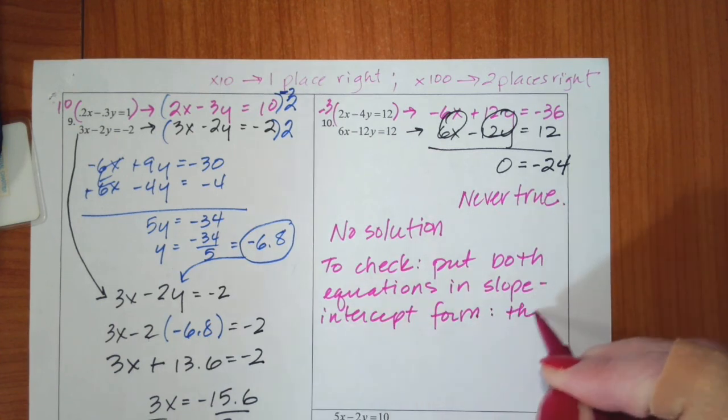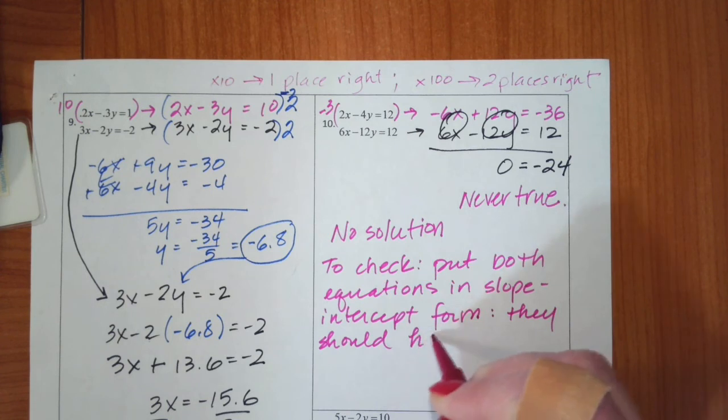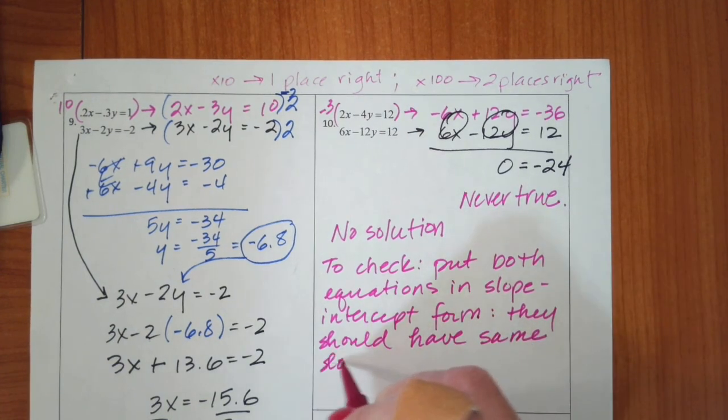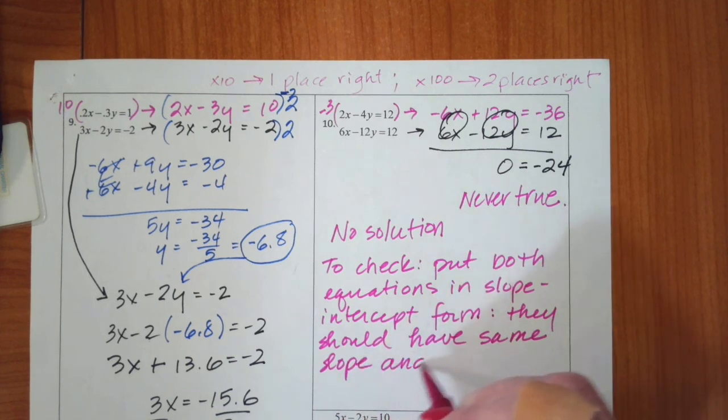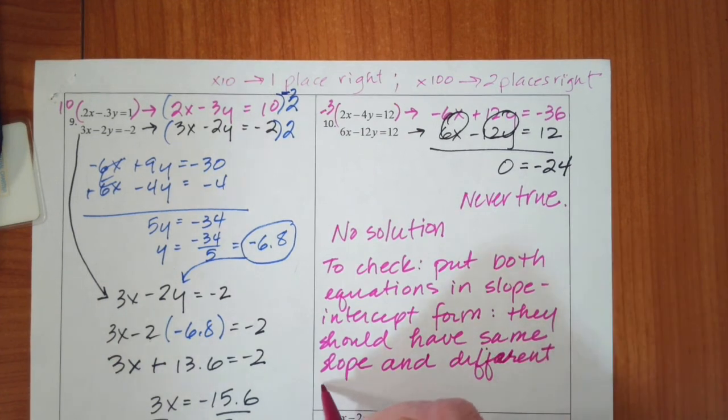They should have the same slope and different y-intercepts.